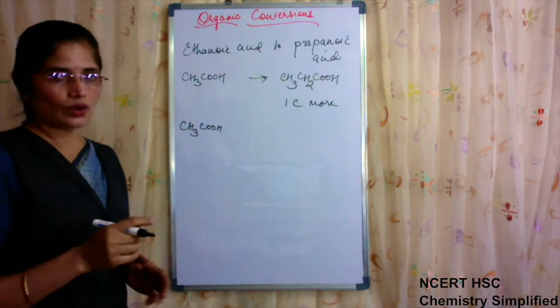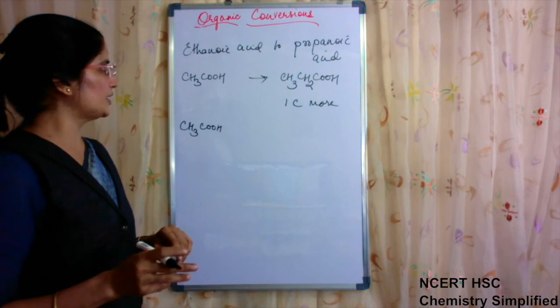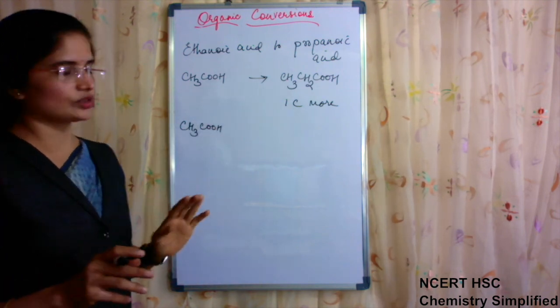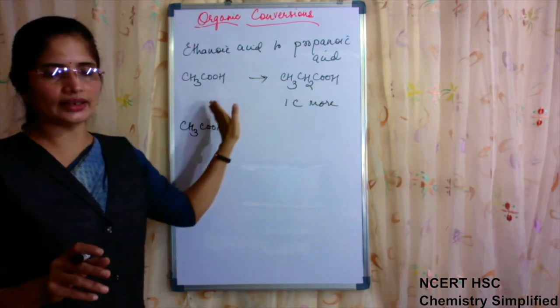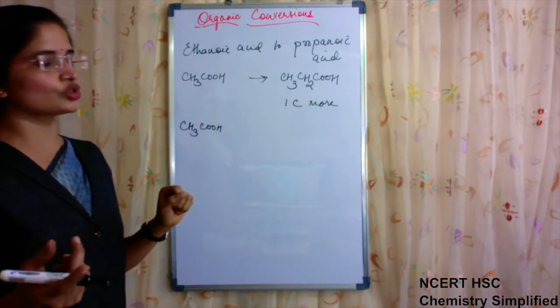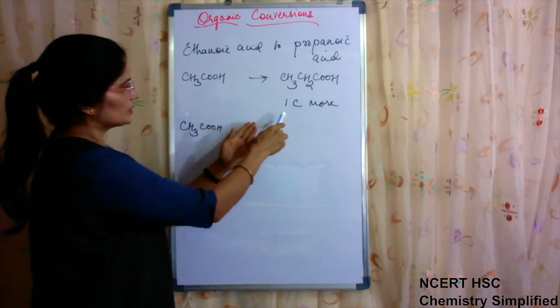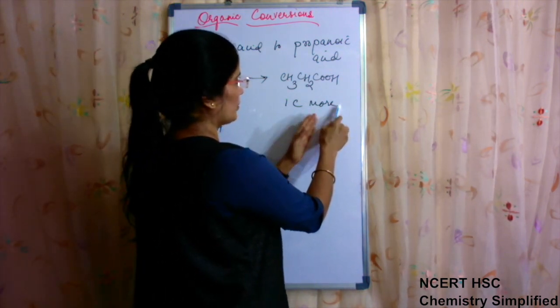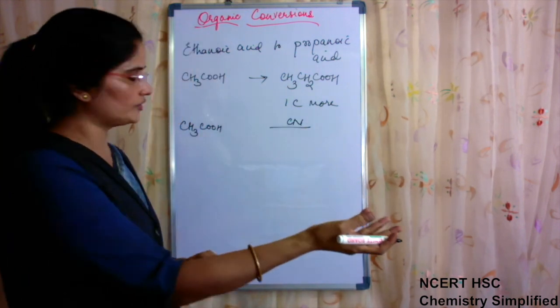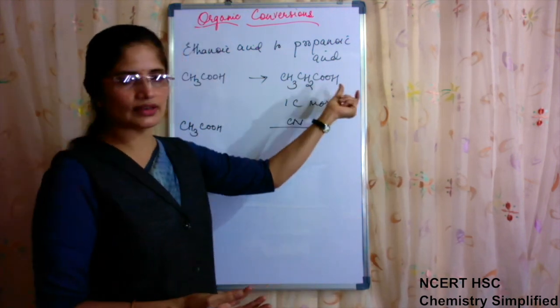Okay. Now until there is a plan in your mind about where you want to reach, you cannot use any reaction. So looking at the product and the starting material, you have to plan out first what we use so we get this. So we want 1 carbon atom more, means what? We want reaction with cyanide. Cyanide hydrolysis will give us acid.